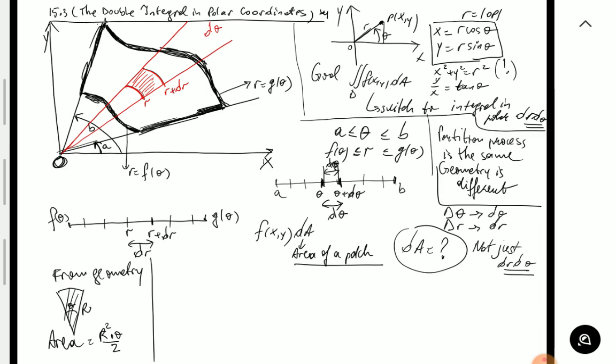Now, in our case, going all the way back to this red patch, dA is going to be the difference between the area of two segments of a circle with the angle d theta, which is again a change in theta.